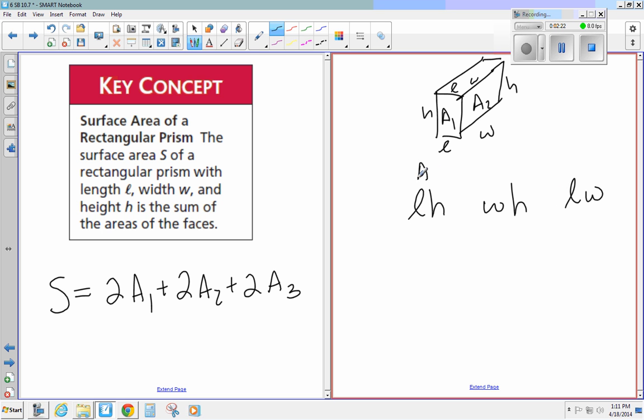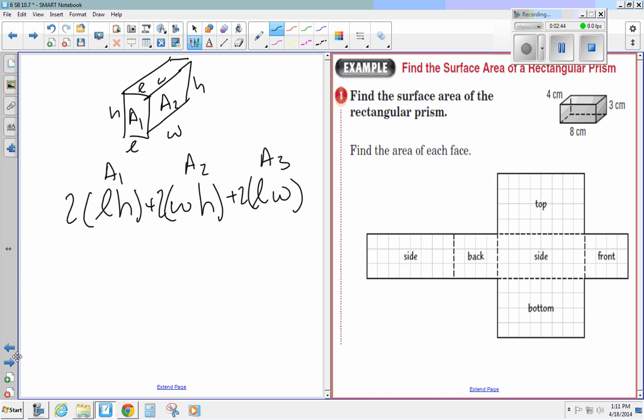And again, area 1, area 2, area 3. And so you double that. So it's 2LH plus 2WH plus 2LW. This is how you can set up the whole surface area of a rectangular prism.